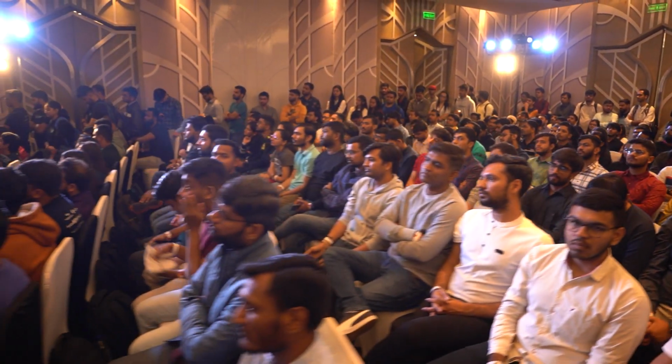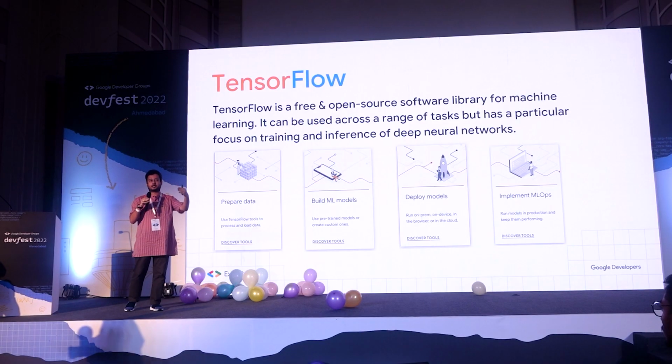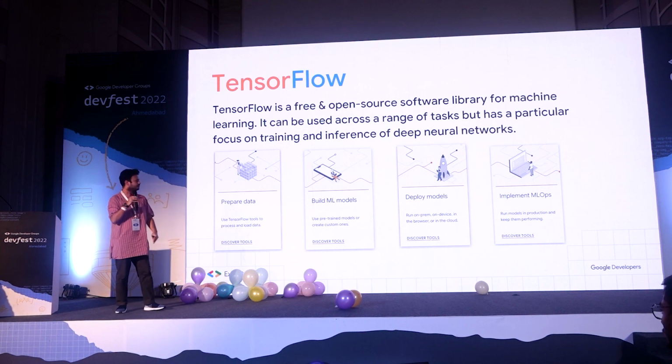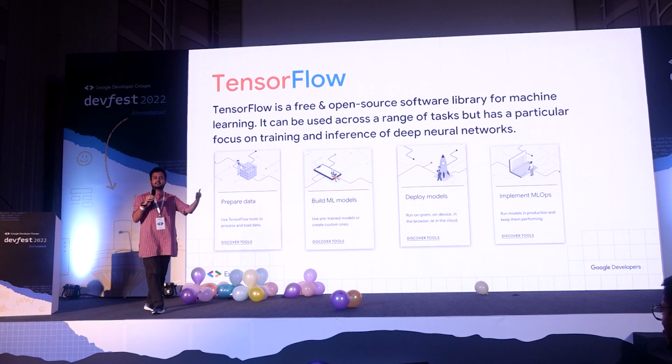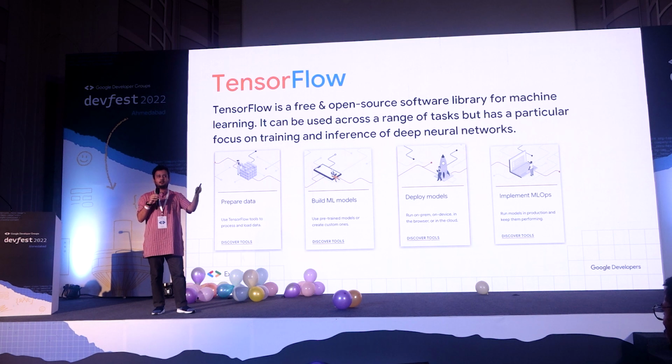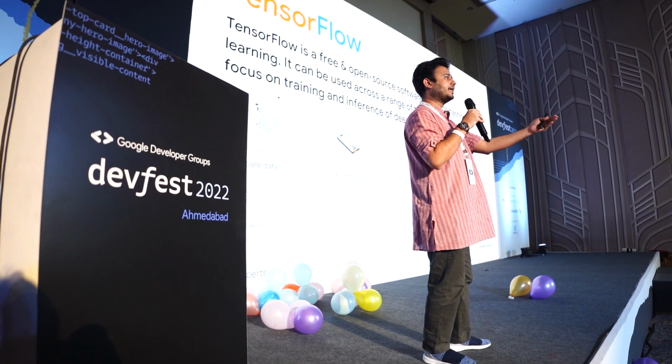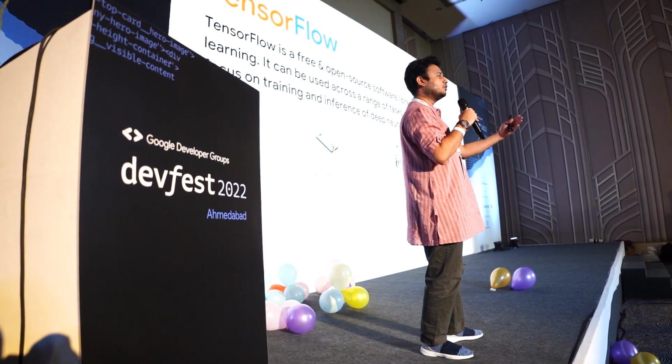So if you have, say, multiple data points that you want to iterate through, there are different iterators that are available that you can easily use through TensorFlow. You can build ML models, so you can train ML models from scratch. If you have an existing case wherein you have a pre-built model, you can utilize that pre-built model, retrain it again for your use case, and then again come up with a solution.